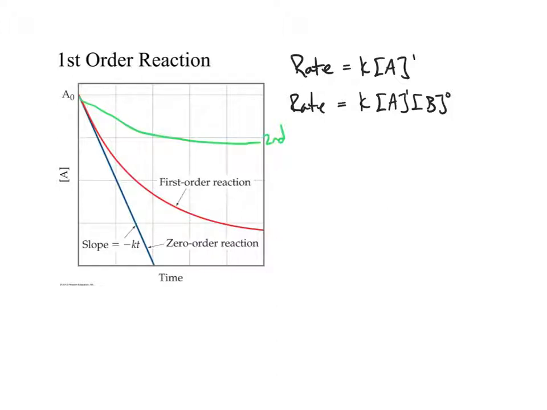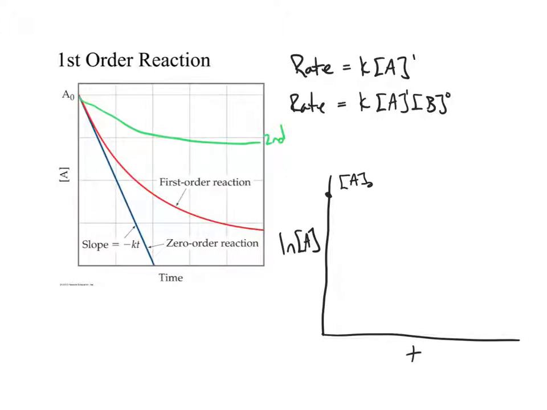So what I can do is manipulate the first order graph to be linear by simply taking the natural log of A. So if I redraw the graph and instead of identifying the vertical axis as just concentration of A, I call it the natural log of A, and I start at A at time 0, then as time progresses, because it's the natural log of A, it represents a linear relationship. And like I did before, at some point on the line I can pick a concentration after a certain amount of time.